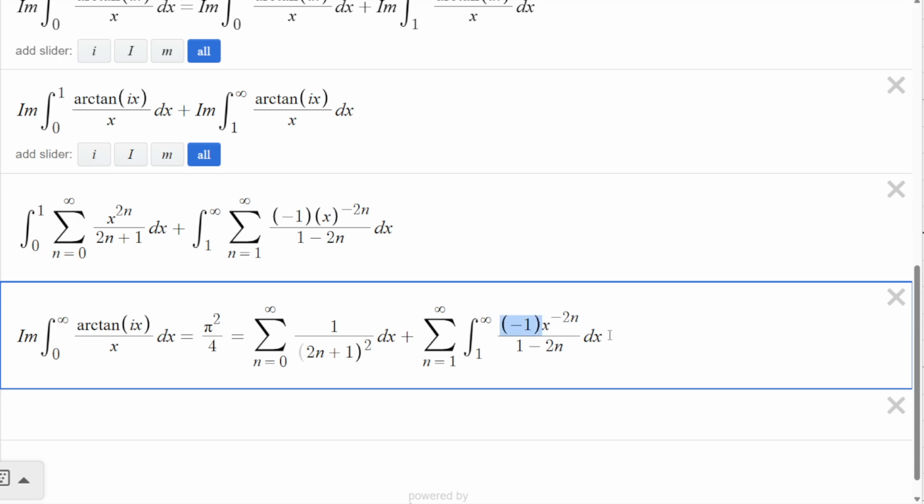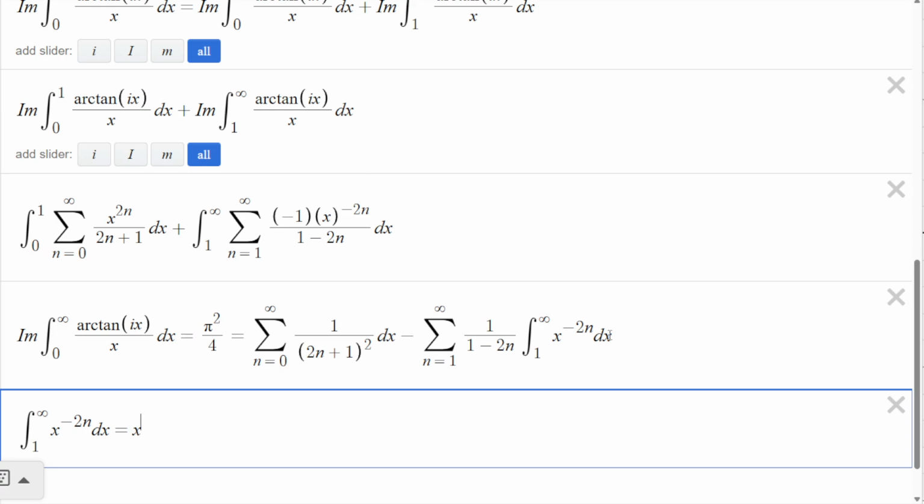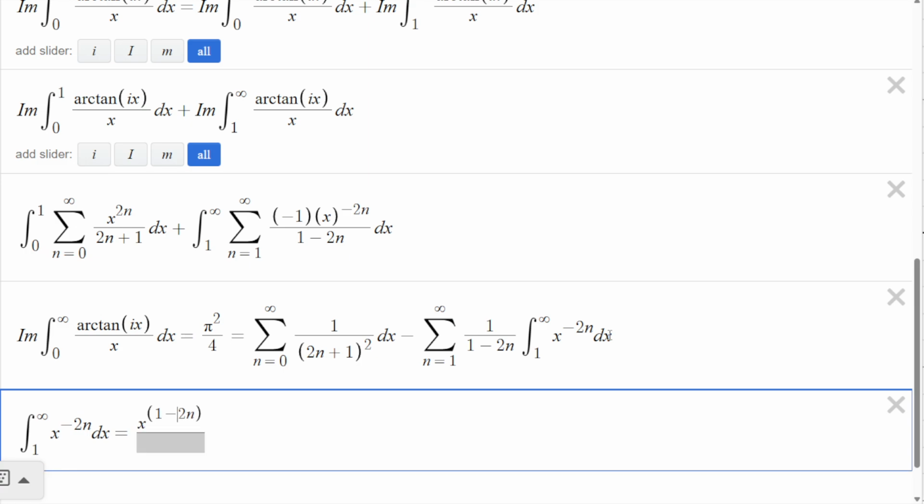Let's just bring this -1 out as a negative. Okay. Now, let's bring this 1 over 1 minus 2n outside. All right. Now this integral right here is going to give us x to the 1 minus 2n over 1 minus 2n from 1 to infinity.